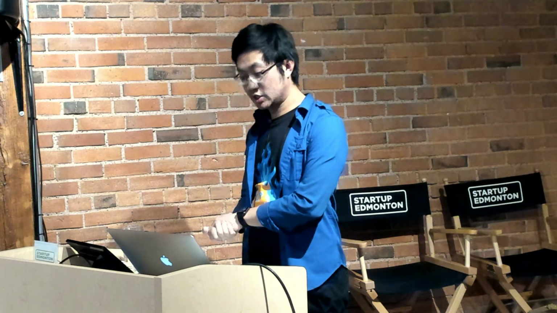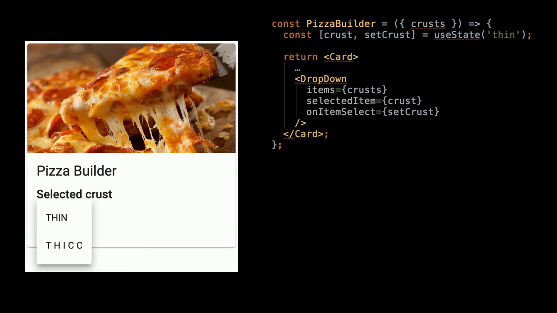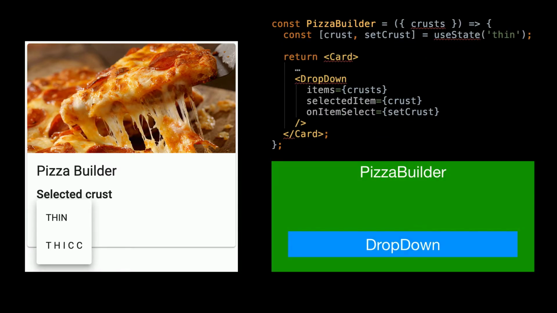So, pretty simple component. We're just going to pick a crust with a dropdown. So again, the parent component pizza builder has an implicit dependency on dropdown. And it's hard-coded to have items and select item passed down.